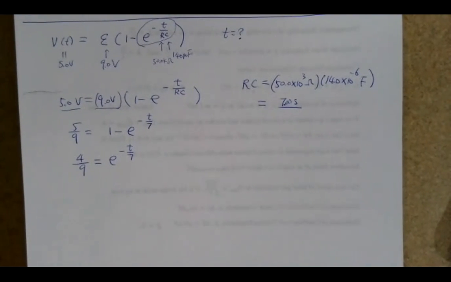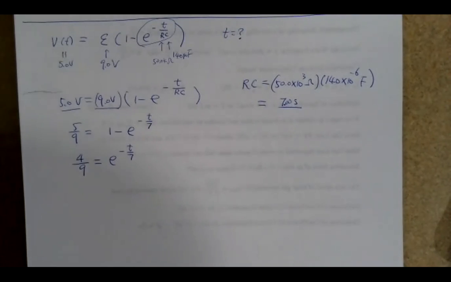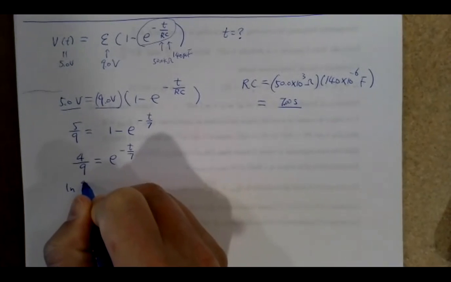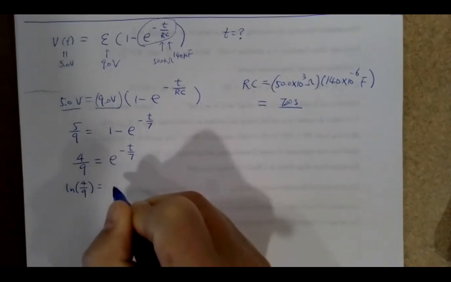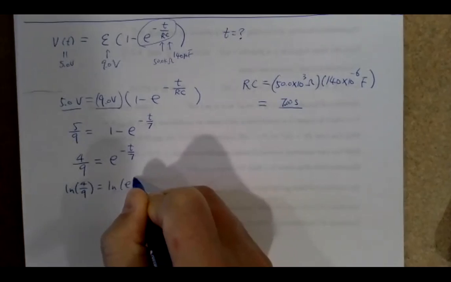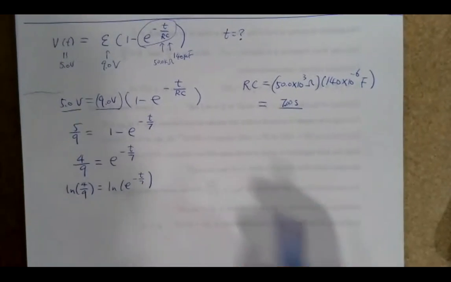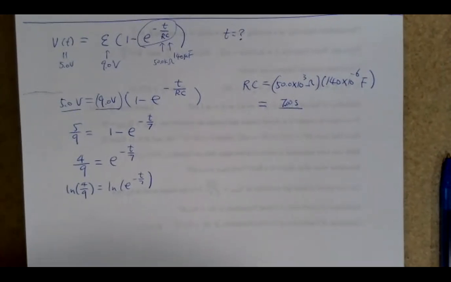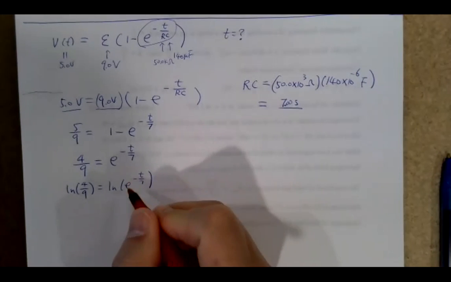Now you want to get rid of the exponential function. To get rid of it, you take the natural logarithm of both sides of the equation. So ln of 4 over 9 is equal to ln of exponential of minus t over 7. In that sense, the ln function and exponential function cancel out.